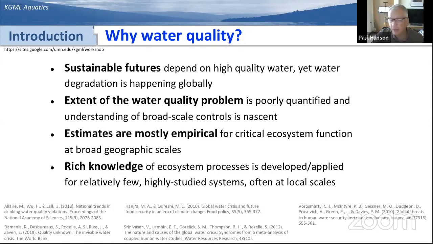Most of the estimates that we have of water quality are empirical in nature and from statistical models at broad space and time scales. And yet we have a lot of rich information about ecosystems, and we've developed a lot of process-based and physical models too, but they tend to be applied at the local level.